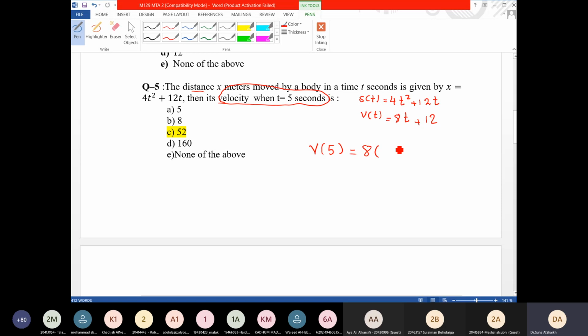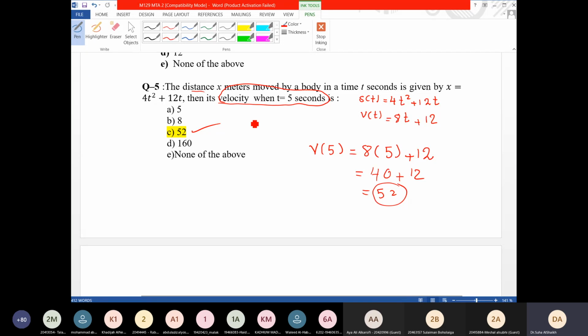It will be 8 times 5 plus 12. What will be the answer? This is 40 and this is 12. This is 52. The answer is 52. This is an easy one. No, it's 52, Osama. It's 52.